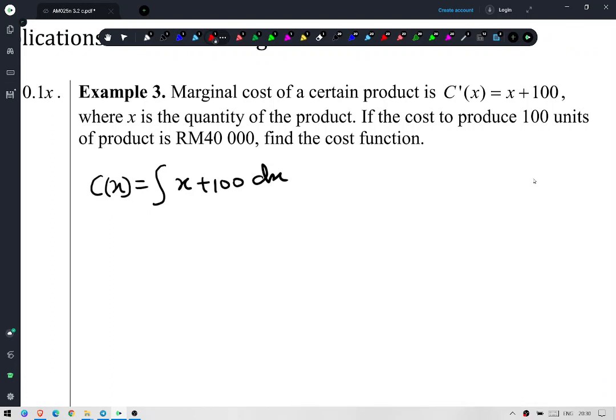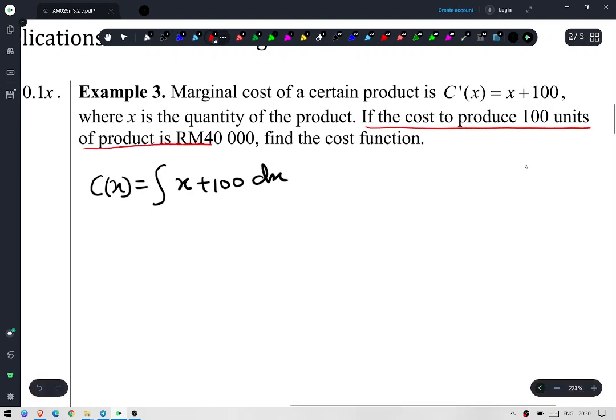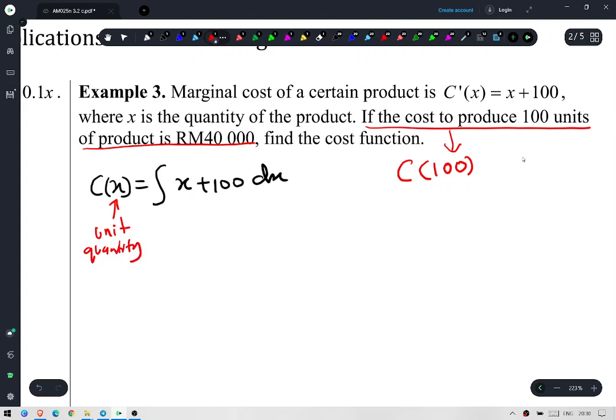This sentence means the cost to produce 100 units, because X is units or quantity, is 40,000. It is a clue, similar to fixed cost, but it is not C(0), it is C(100). We are going to use this information later, but before that, we have to integrate.